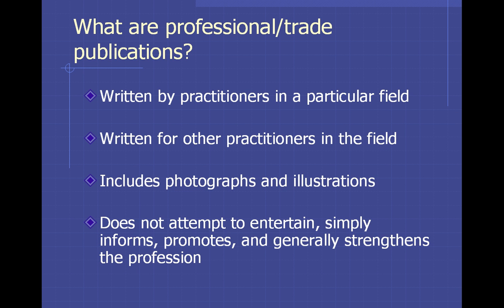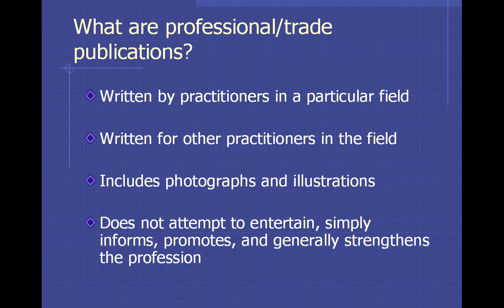For instance, if you're a nursing major and you want to take a look at a trade publication or a professional publication, you will notice things like these will be articles written by nurses for nurses in a particular field. These articles also include photographs and illustrations, but they do not attempt to entertain. Simply they're informing us of what's happening in the profession.